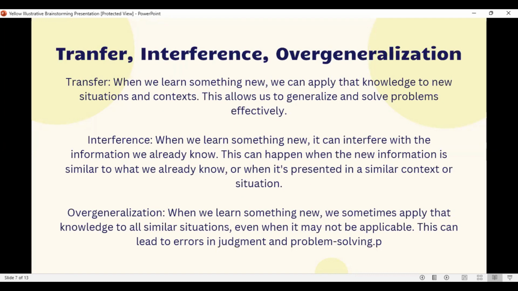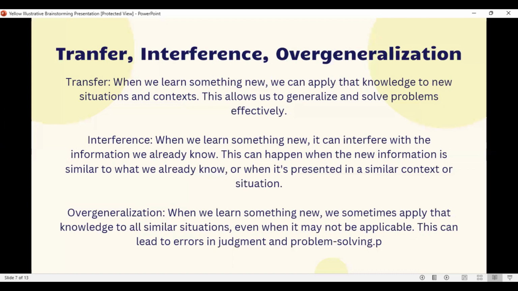And here we have transfer, interference, and overgeneralization. First is transfer. When we learn something new, we can apply that knowledge to new situations and contexts. This allows us to generalize and solve problems effectively. And second is interference. When we learn something new, it can interfere with the information we already know.